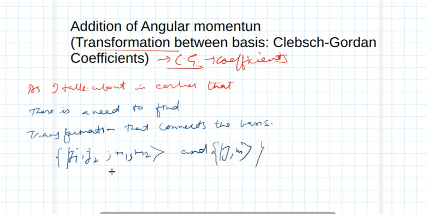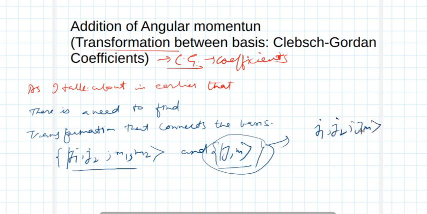We need a transformation that connects these two, and this can be written as basically <j1, j2, j, m|, as I talked about earlier. So for this, let us proceed as follows.